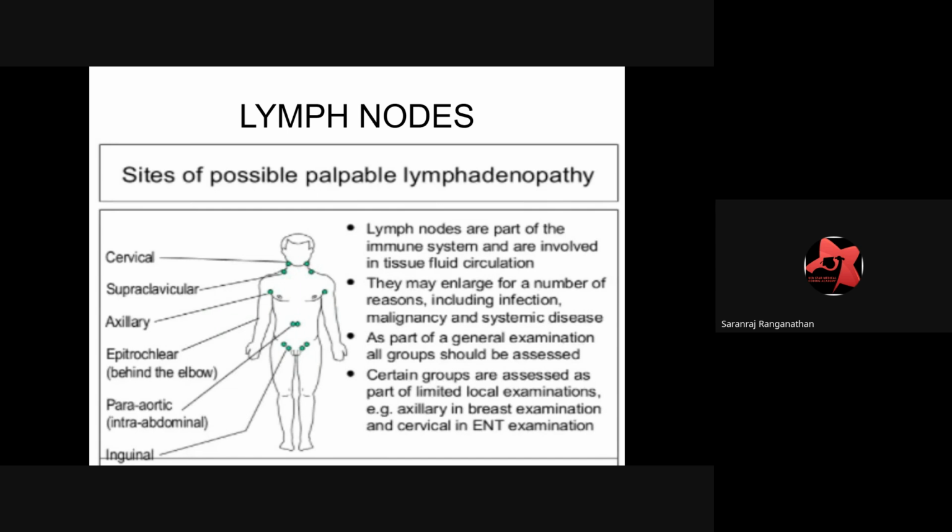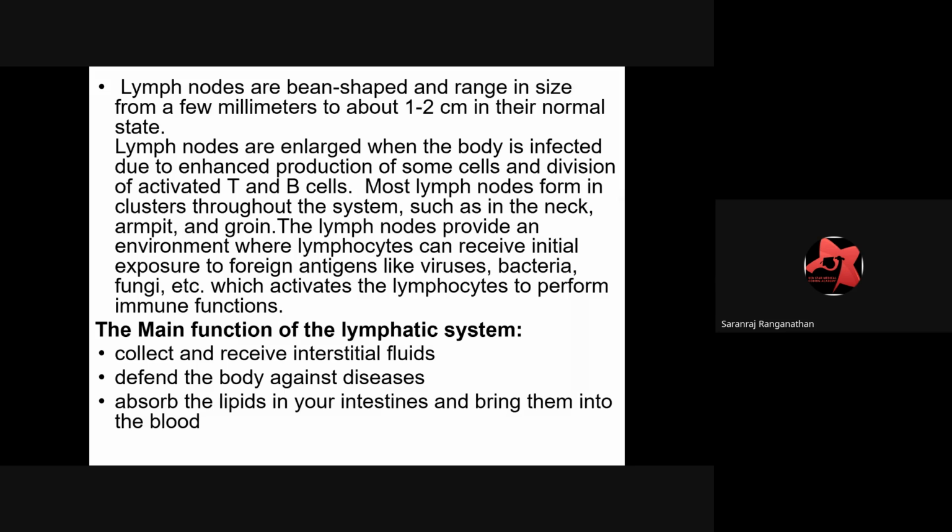Normally, for the general examination, all parts of the lymph nodes will be assessed. They will check if lymphadenopathy or lymph inflammation is there, which is an indication of some infection or other abnormality. This is lymphadenopathy.